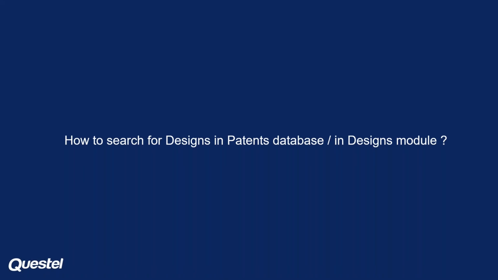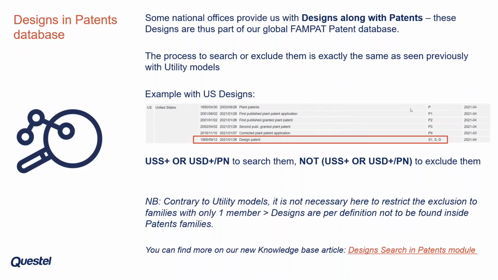Second focus, what about designs? Where do we find them and how to search for them? What is good to know is that some national offices provide us with designs along with patents. These designs are thus part of our global FAMPAT patent database, in which case the process to search or exclude them is exactly the same as seen previously with utility models.